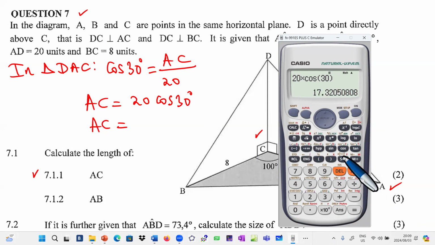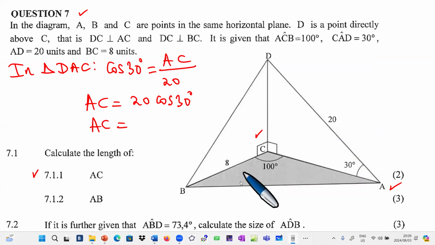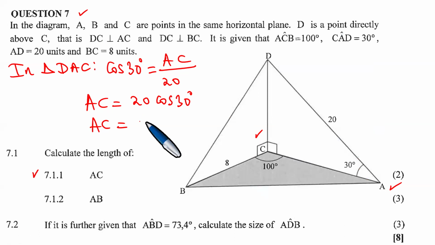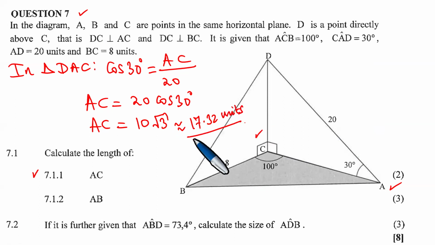And this is exactly the same as 17.32 units. So in other words, we've seen that AC is 10 square root of 3, 17.32 units. And that is exactly the length of AC.